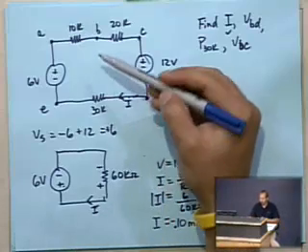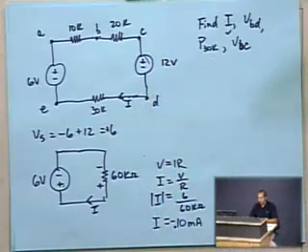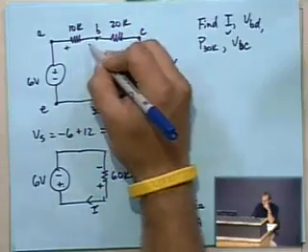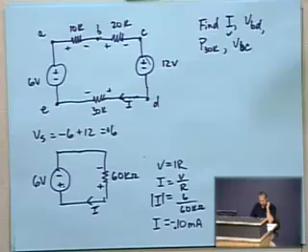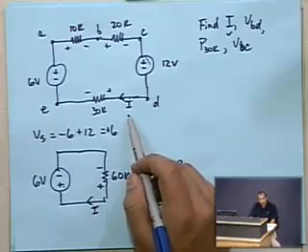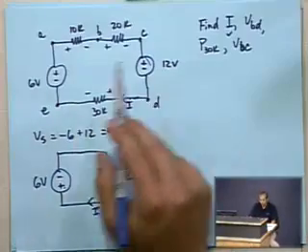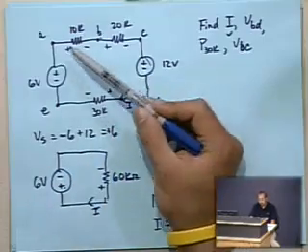VBD. So we want to find the voltage between node B and node D. Let's make these plus minus in the original circuit, which is probably fine given that we've defined I as running clockwise, and we want to make sure we're obeying the passive sign convention, with the current going in here.